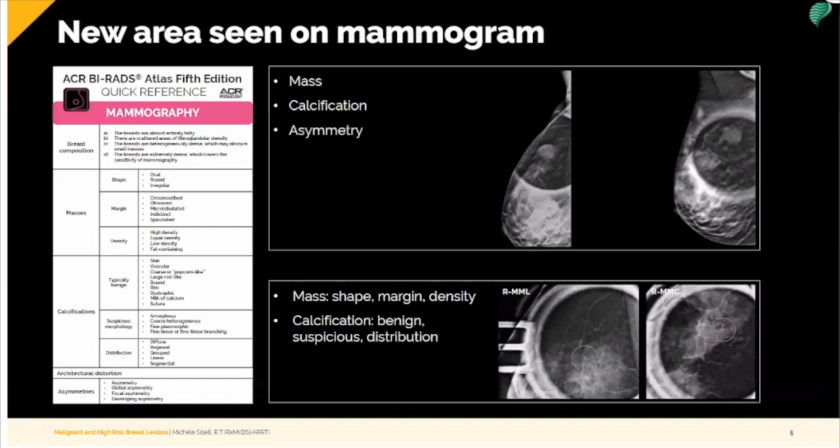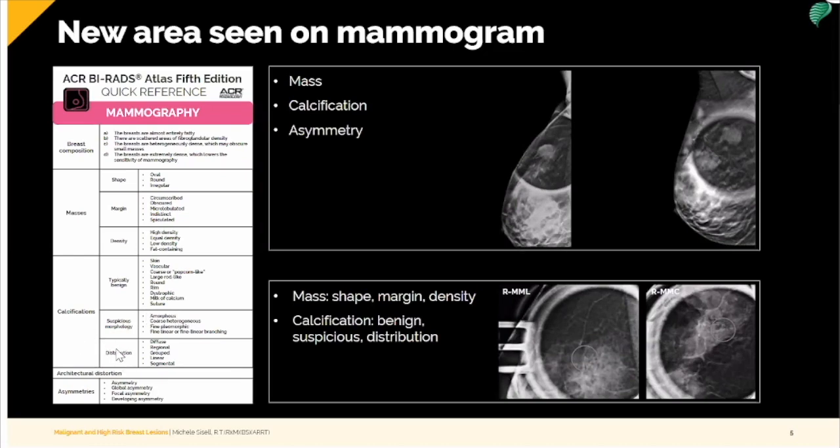When we do see a new area on a mammogram, this is that quick reference guide that you see off to the left. So they are looking at the breast composition. They're looking at, is it a mass? If it's a mass, then does it have a shape that they can describe, the margins, and the density of that mass? If they think it's calcifications, then they're going to call it typically benign, and they'll go into more detail, or they'll say suspicious morphology and go into more detail, or the distribution.